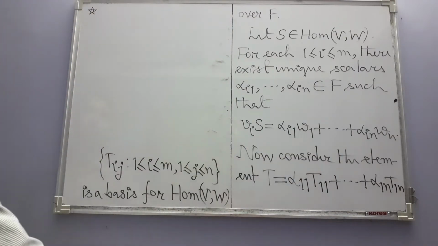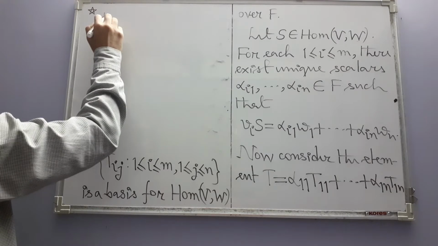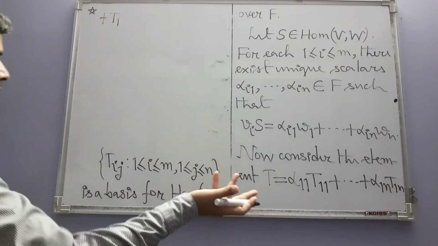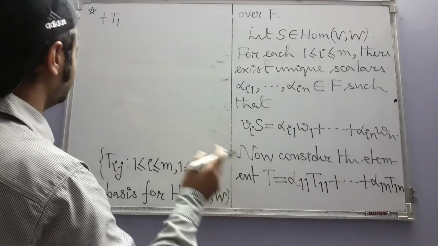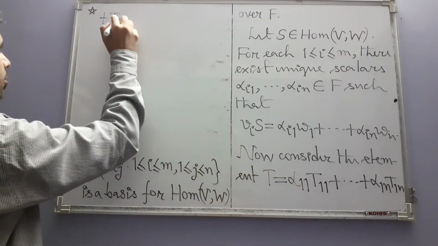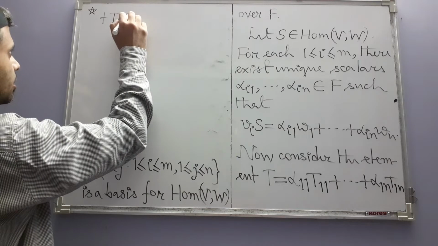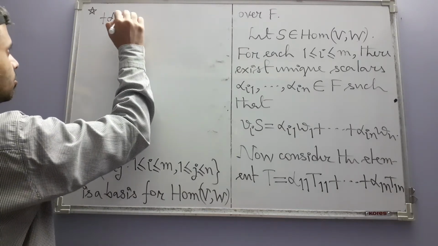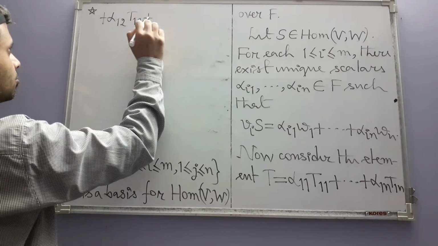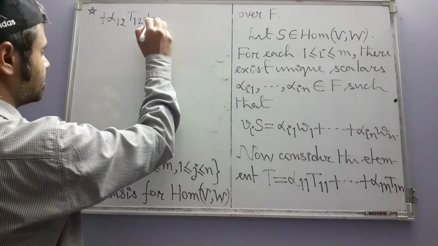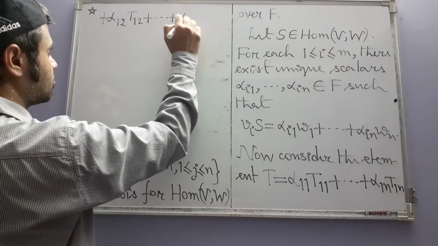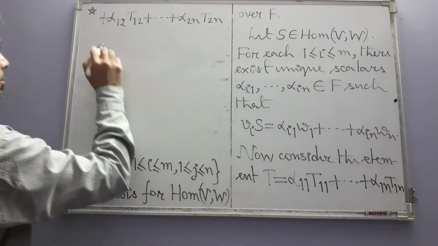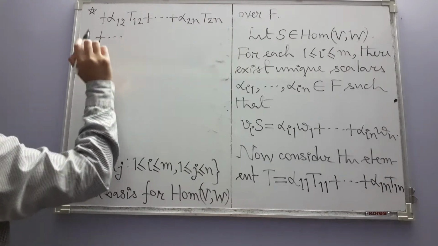So after that, plus, in this particular order that I am using here, next alpha 21 T21 plus alpha 22 T22, like that it goes up to alpha 2n T2n plus, and then it goes like this.